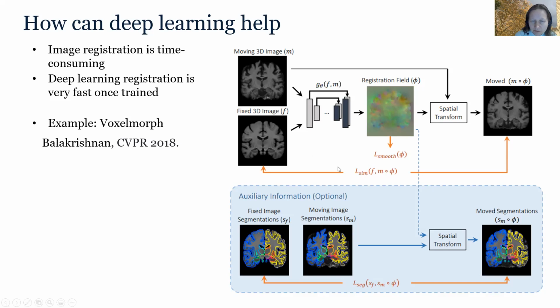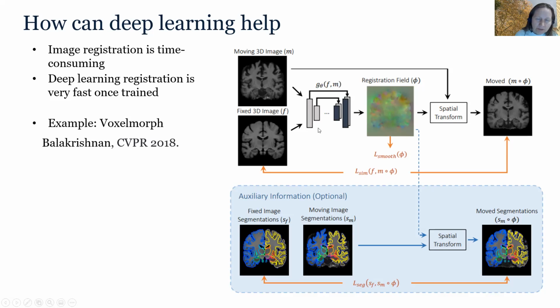In fact, the loss to train this network is the similarity measure. The training is fully unsupervised because all we need is the images, and the similarity measure will be our loss and will do all the training. So we don't really need the predicted deformation fields for training. That's a big advantage.